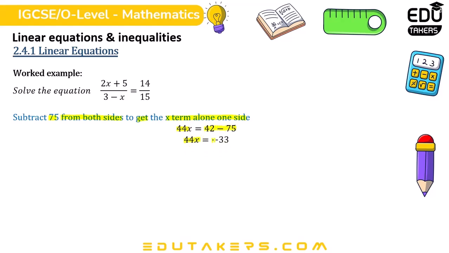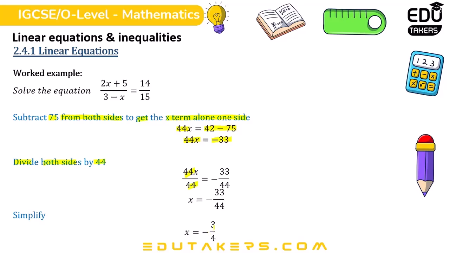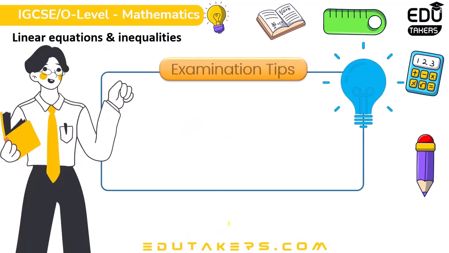So 44x equals minus 33. Now divide both sides by 44. This 44 will be cancelled. So x equals minus 33 over 44. In simplified form, it will be minus 3 over 4.